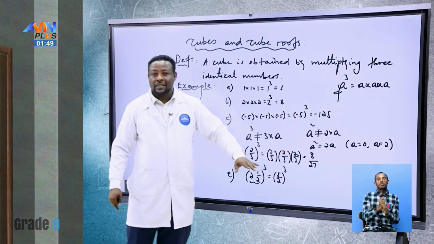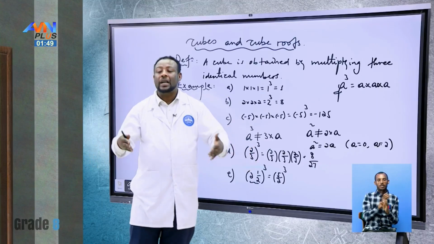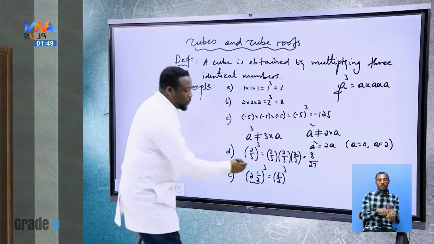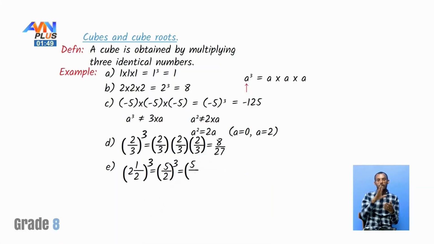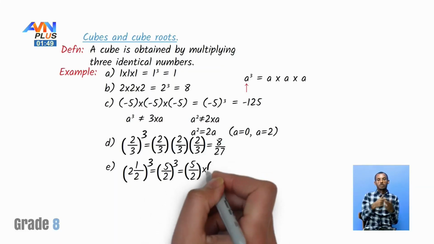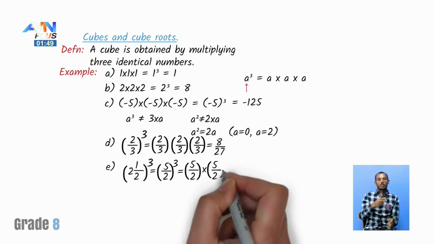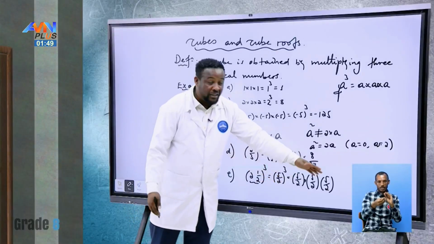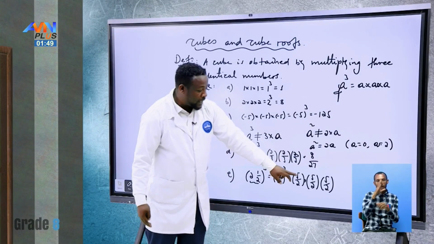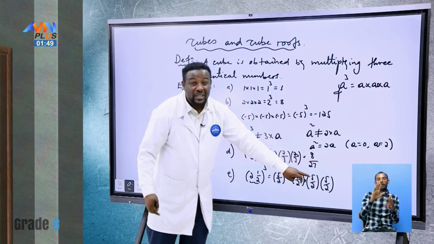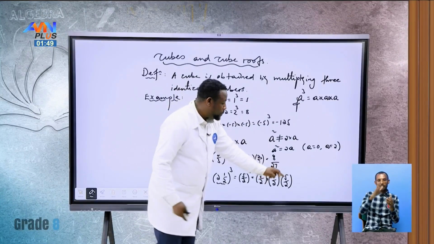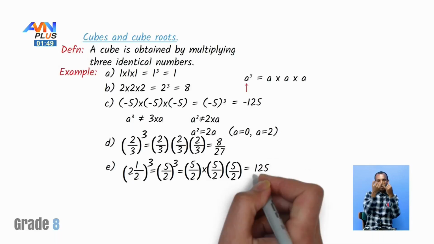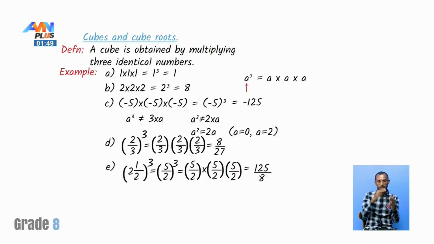Then the next thing is, we are calculating the cube, meaning that you need to multiply the base 3 times. So this becomes 5 over 2 times 5 over 2 times 5 over 2. Multiply all the numerators together: 5 times 5 is 25, and multiplying it by 5 gives us 125, over 2 times 2 times 2, which is 8.